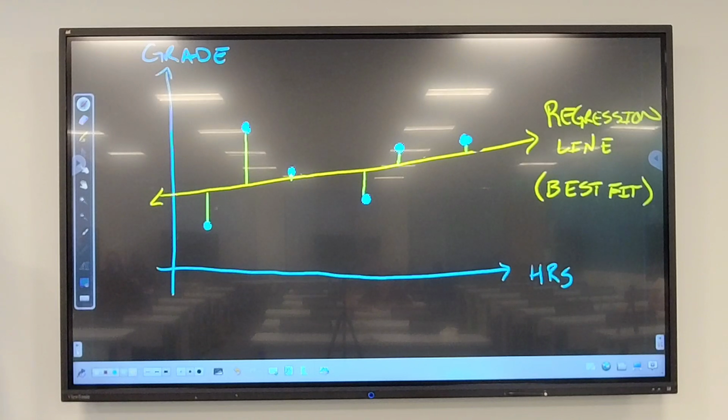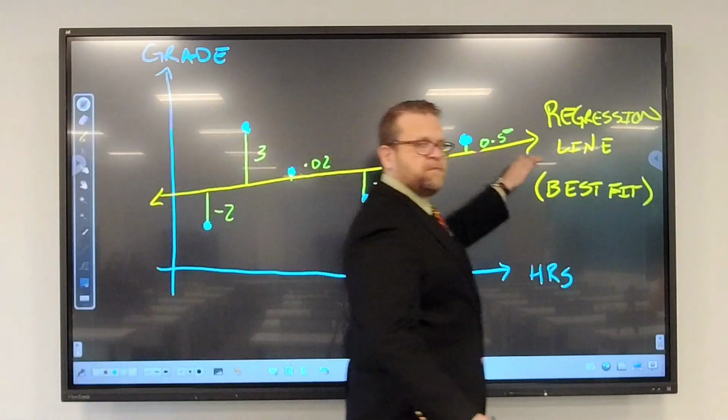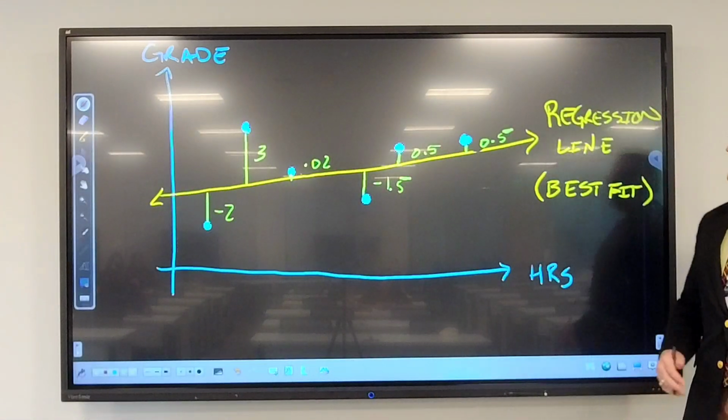So maybe this one is -2, and this one's probably 3, and this is 0.02, and this one's -1.5, and this one's 0.5, and then this one's also 0.5. Each one of these points had a deviation from this line I'm insisting is the regression line.